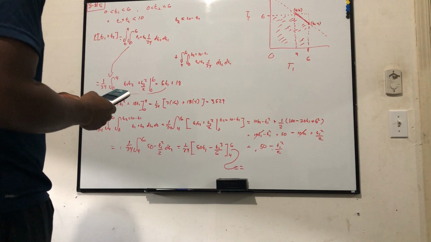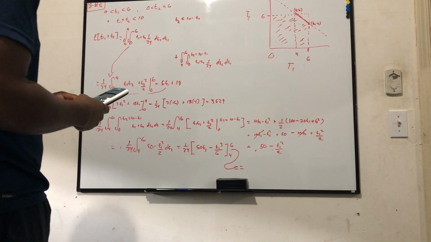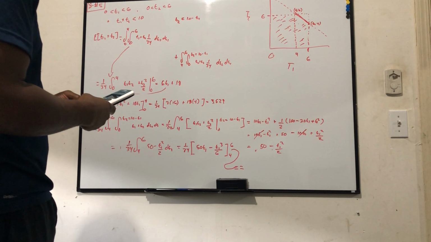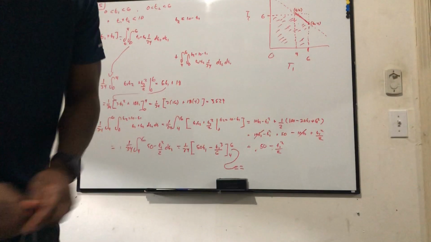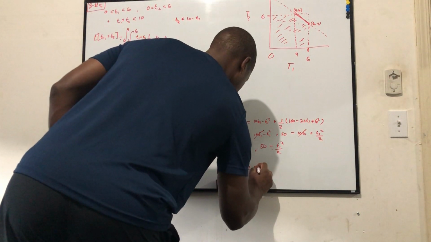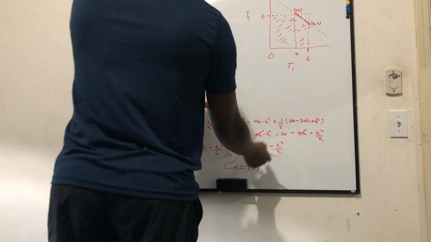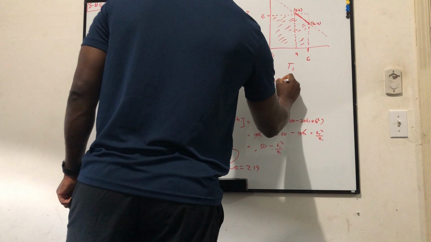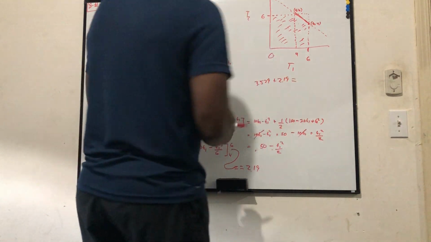So that 264 minus 189.74 something divided by 34, 2.19. So let's add those two together, which would be 3.529 plus 2.19. This will be my expectation.